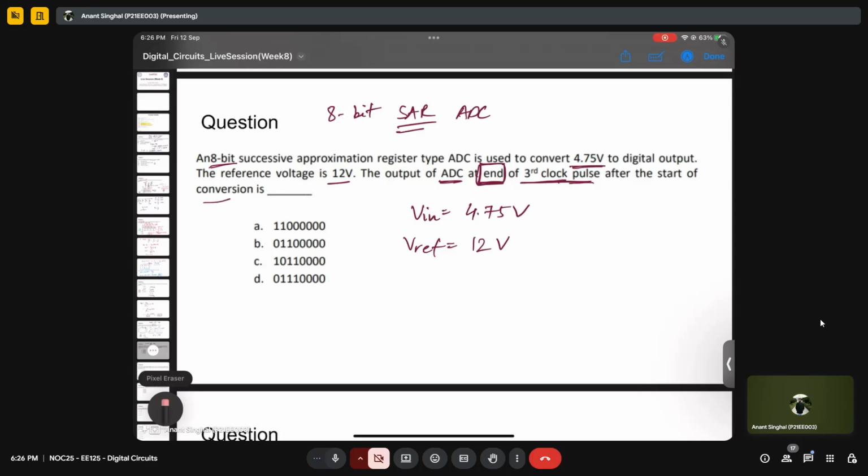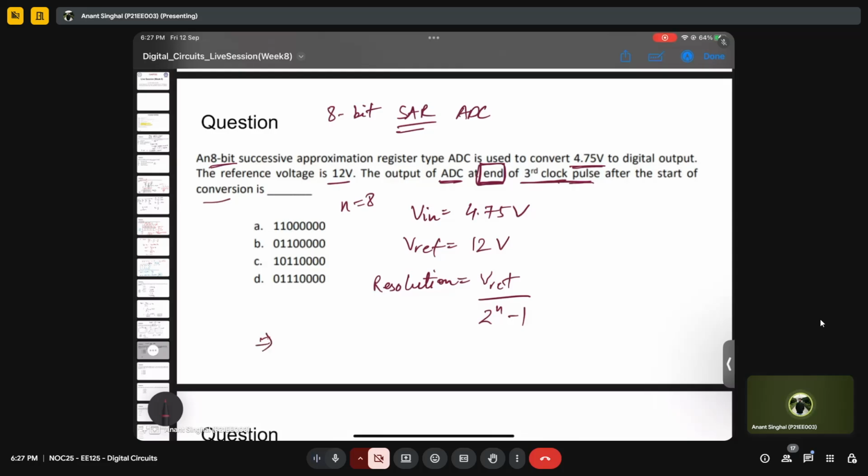Okay, so we know that the resolution of any ADC, as we just wrote, is Vref divided by 2 raised to the power n minus 1. It is an 8-bit ADC, so n is 8.